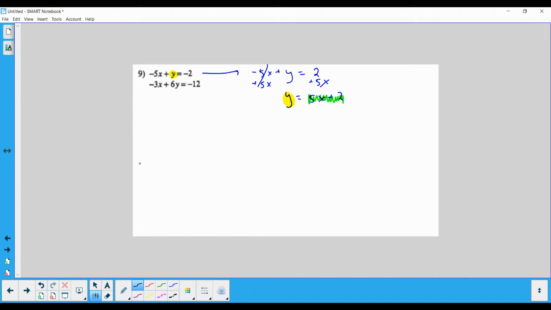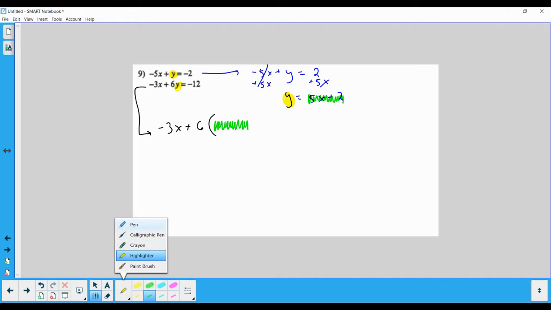Now I'm going to take what I just got and substitute it into my second equation. So I'm going to do -3x plus 6. Now instead of using y, I'm going to replace y with 5x plus 2. I'm going to use that equation that I just got to put in 5x plus 2 for y.